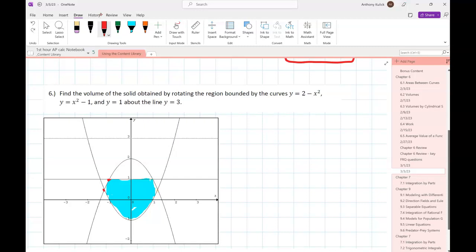If you do integrate with respect to y, though, you just have one thing. Anyways, let's go ahead and we're rotating about this, right?